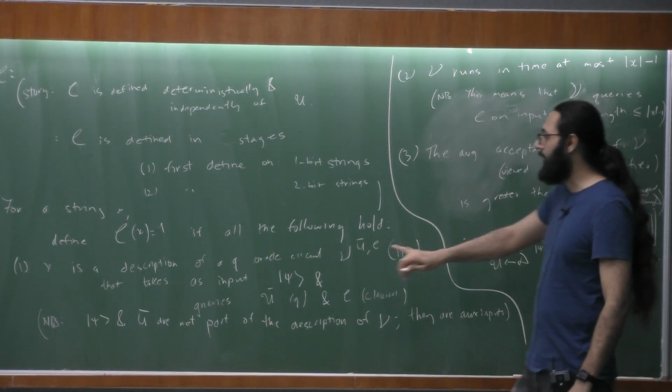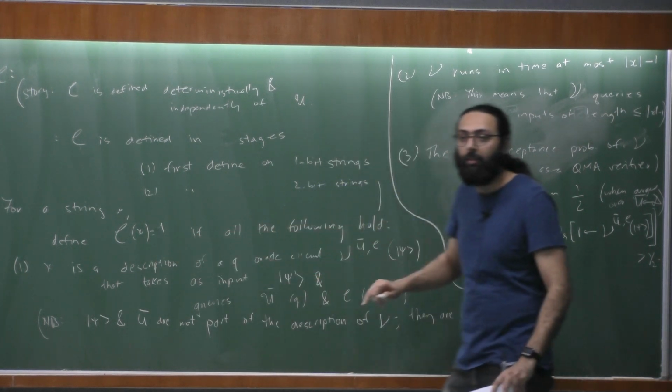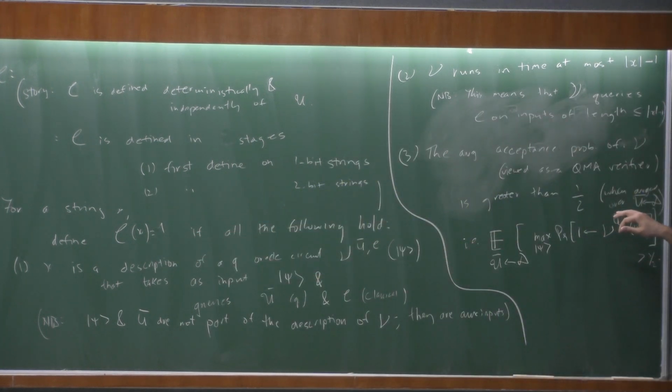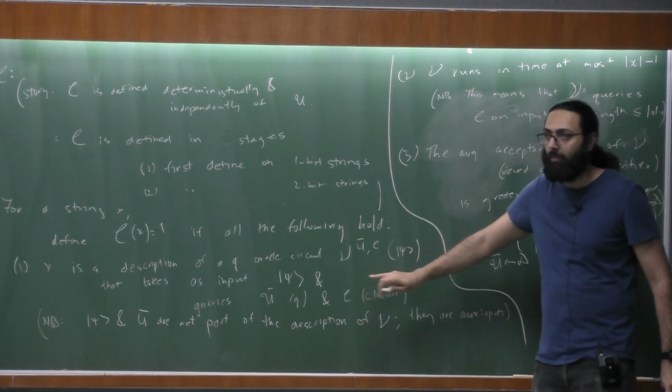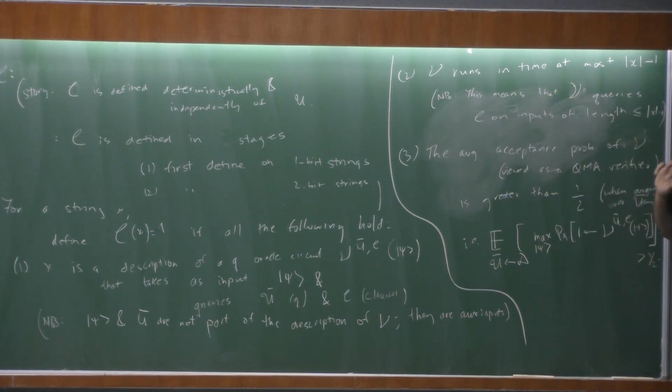So basically it's saying that x is in the language if the verifier described by little x, satisfying the constraints, is such that if you gave it the best witness and averaged over U, then the output will be 1 with probability at least half.